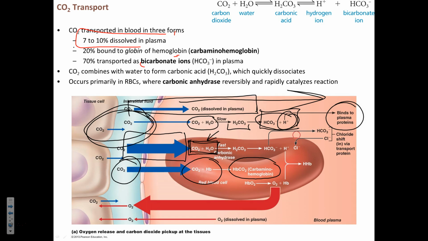Circle it right now. Reacts with water. Why does it react very quickly? Because there is an enzyme in the red blood cell called carbonic anhydrase that facilitates the formation of carbonic acid. Carbonic acid, the same way it did in the plasma, dissociates to bicarbonate and the proton.